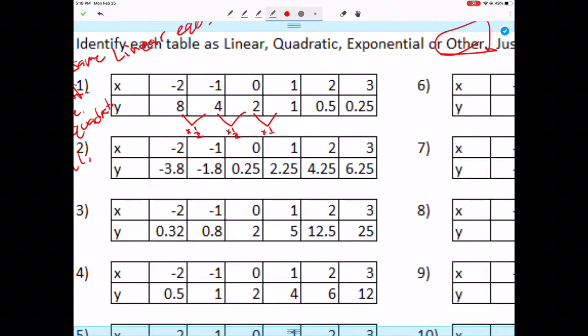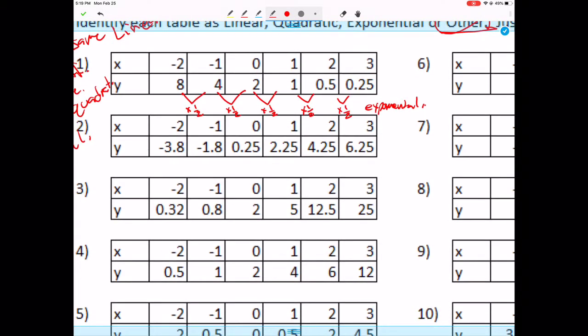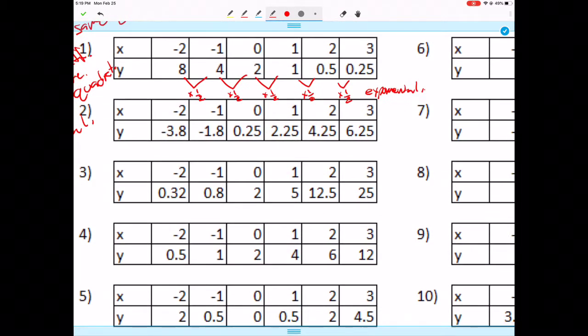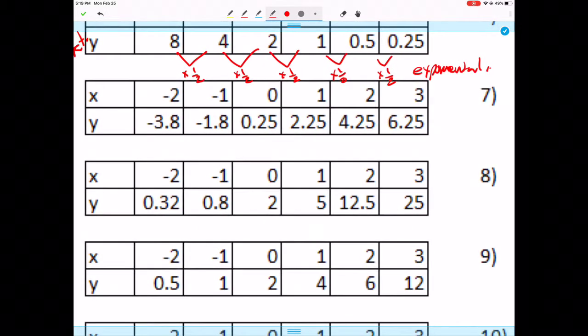Okay, so you just have to practice, look at stuff, see if you can see a pattern that's going on here. So this would be exponential. Okay, you may see problems on here that, let's find another one that you may think looks like exponential.